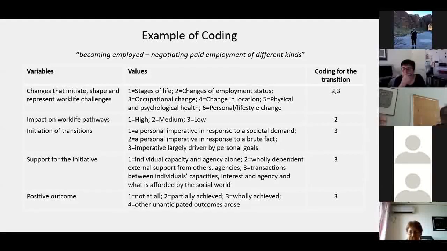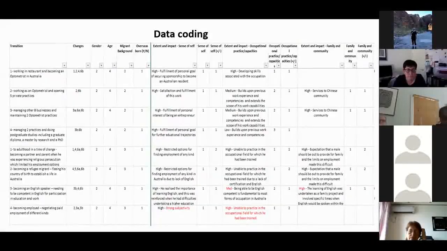We also look at the support for the initiative and the positive outcomes that you can see there in the example of coding. We did this across the 205 occupational transitions we identified from the first round interviews. This is just a snapshot of the data representation.